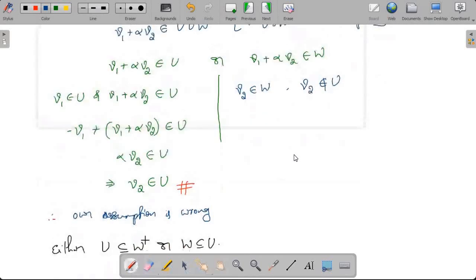All right. Now V2 is an element of W, and similarly V1 plus V2. Here, in place of alpha, we are directly taking 1. Okay. V1 plus V2, this is an element of W.